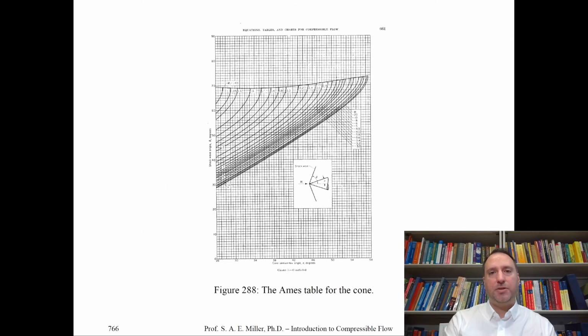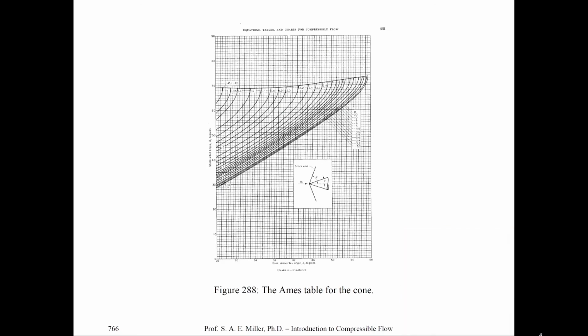with appropriate boundary conditions. Let's now look at one particular table from the Ames tables, which I show here in figure 288 of this particular slide deck. Here the x-axis is the cone semi-vertex angle in degrees. So if you look at the little diagram here, if you can see that with the YouTube or video compression, whatever site this is on, you'll see that there's a half angle.